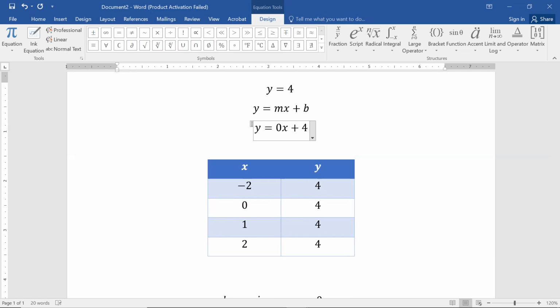So another way to see that y equals 4 has slope 0 is to think of it as a special case of the slope-intercept form where the slope is 0. So all of that is to say the same thing. Horizontal lines have slope 0.